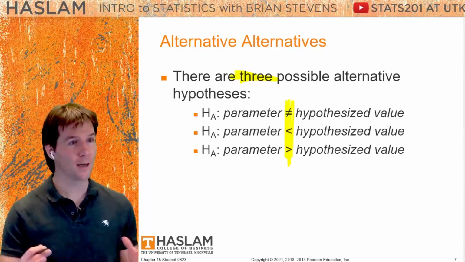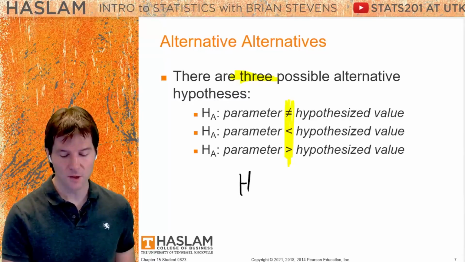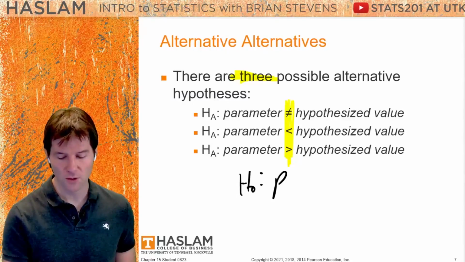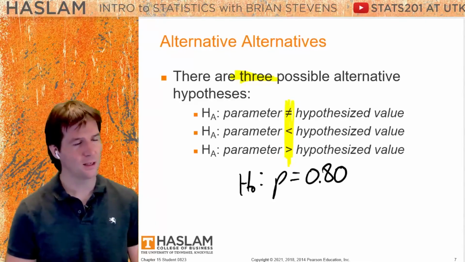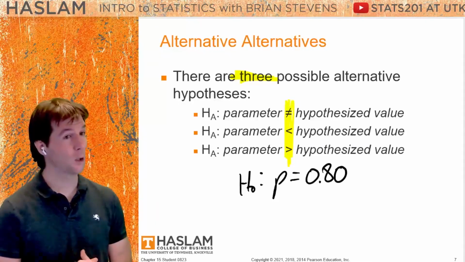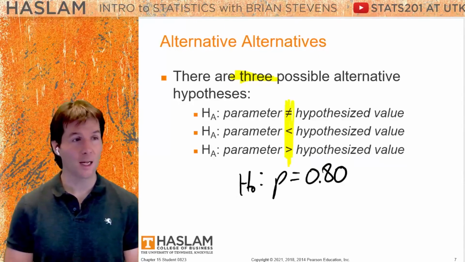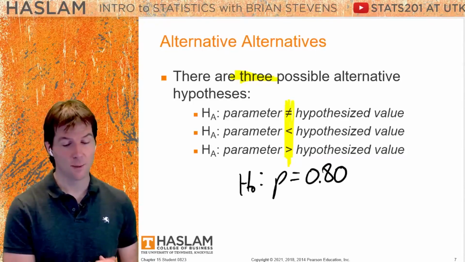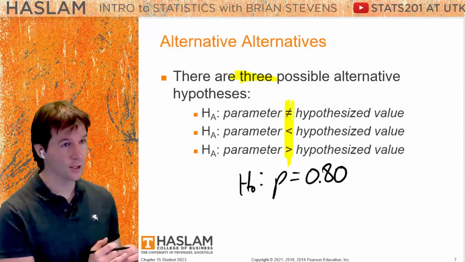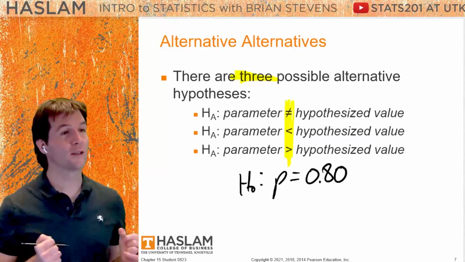Maybe I want to start my Taco Bell campaign. I believe currently that the true proportion of students who love Taco Bell is equal to 80%. What is 80% again? Well, 80% is p naught, because it is the hypothesized proportion that I believe. Maybe I want to show evidence, and remember, evidence is always related to the alternative, that love for Taco Bell has increased across UT.